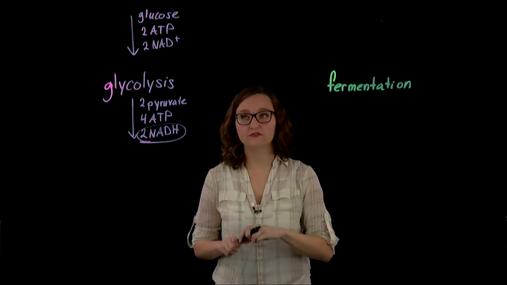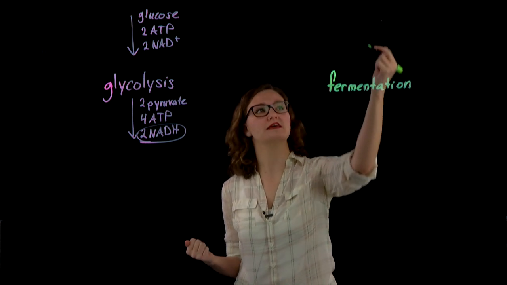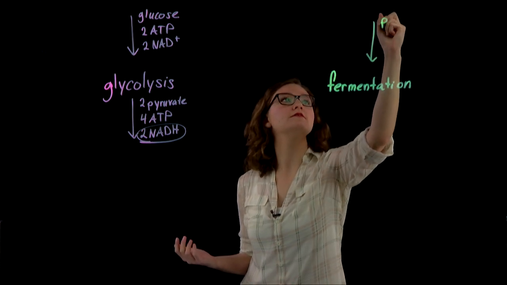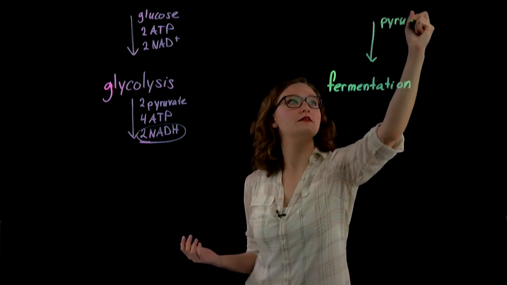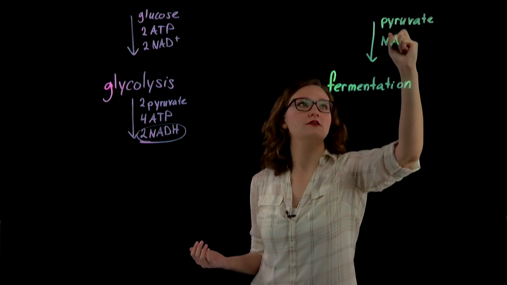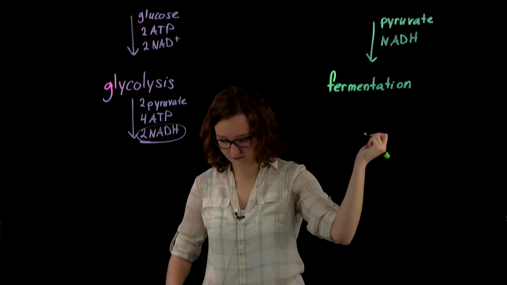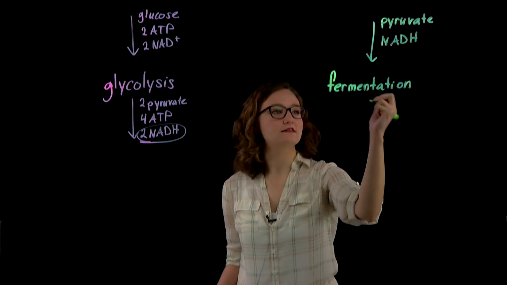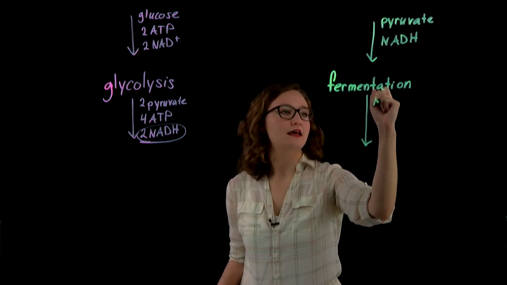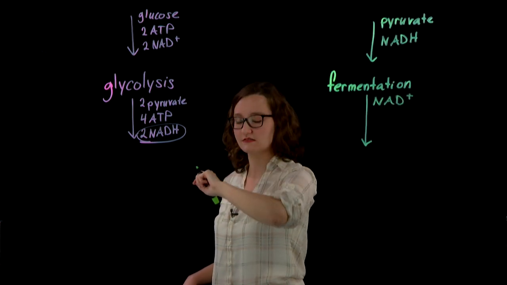There are 2 kinds of fermentation, but they both undergo essentially the same type of thing, so I will discuss them together. So you put in your pyruvate, and you put in your NADH. And out, you will always get NAD+, which can then go back into glycolysis.